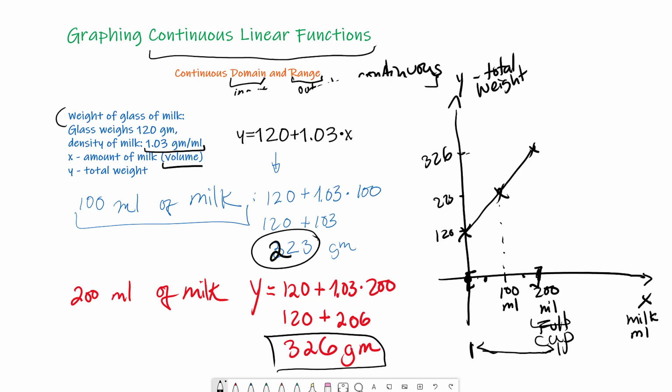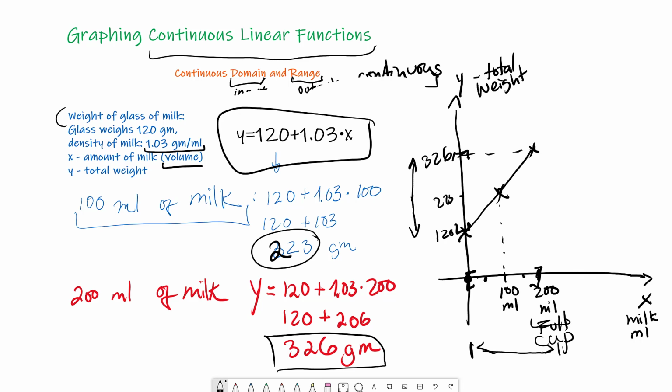As a result, we also have a continuous range, because the weight of our glass of milk now can range between 120 and 326 here, and we can get any value in between as long as it satisfies this function that the total weight is equal to the weight of the glass plus the weight of the milk as is given by its density.